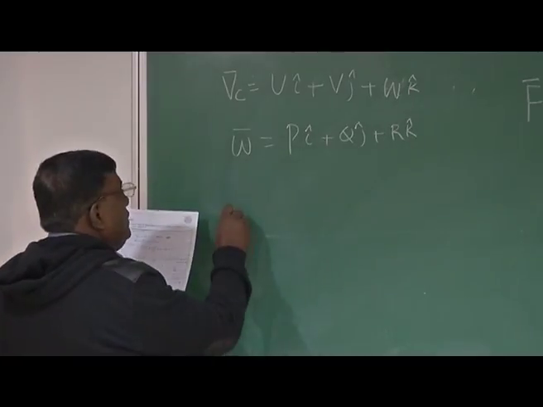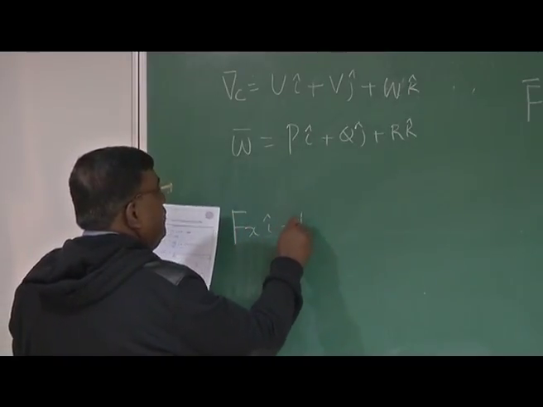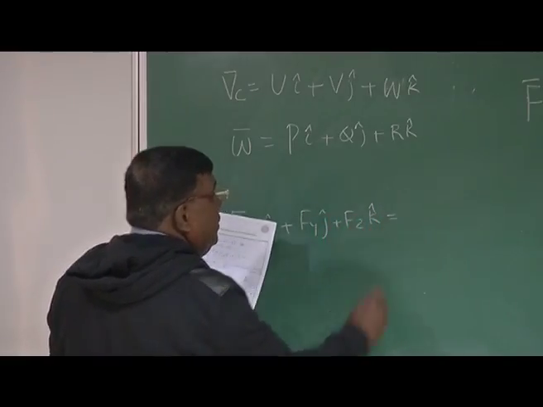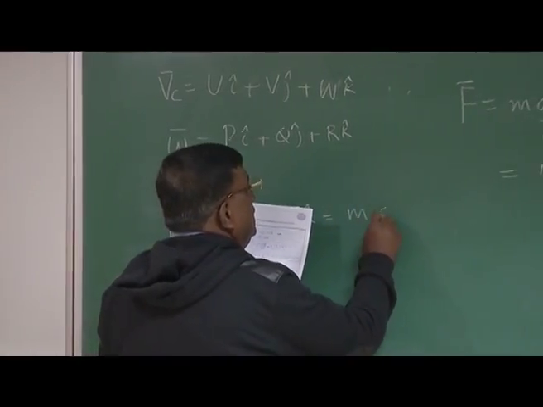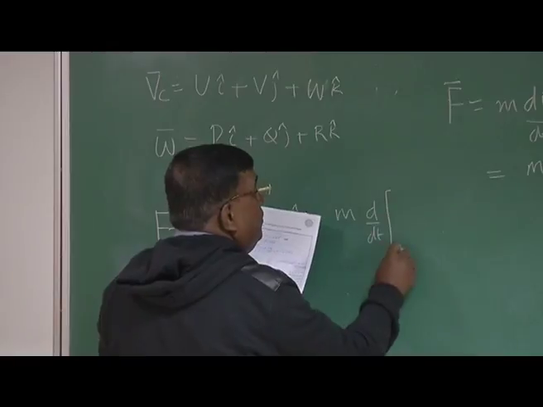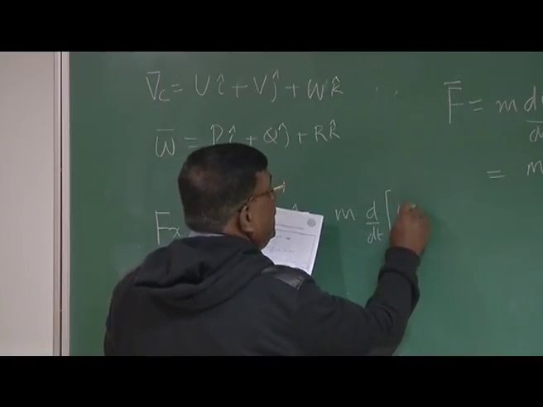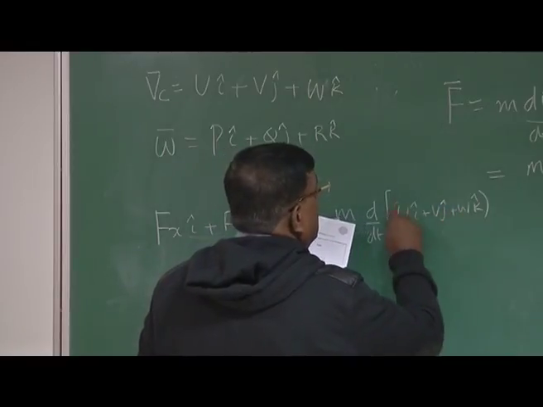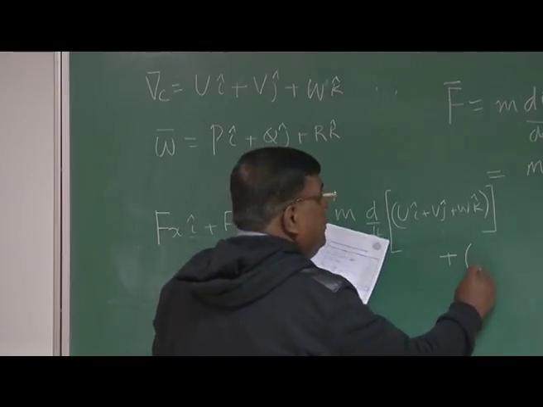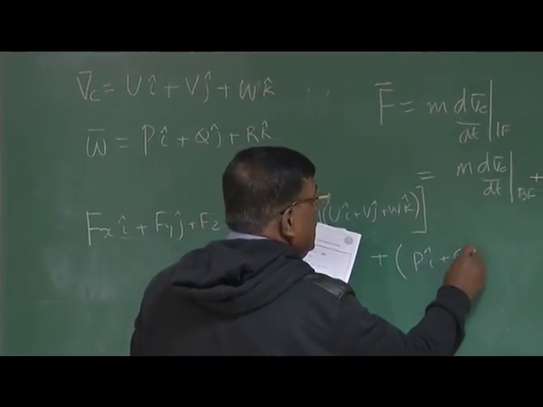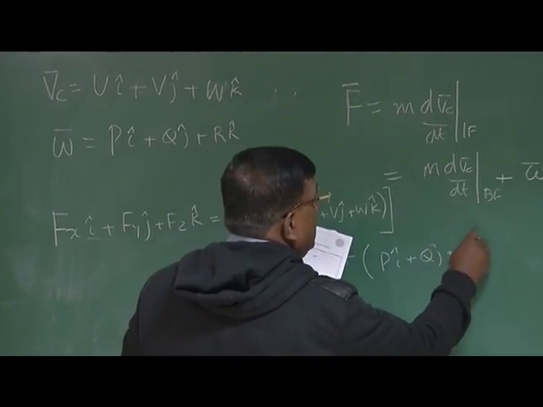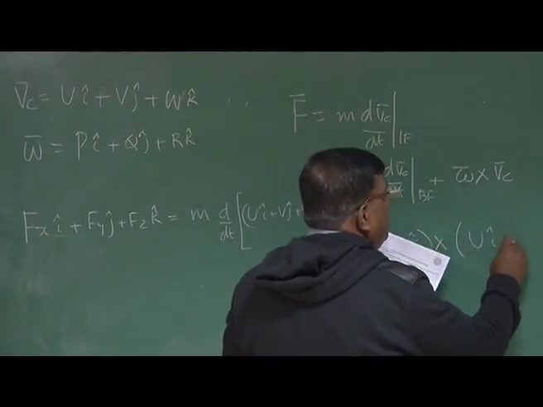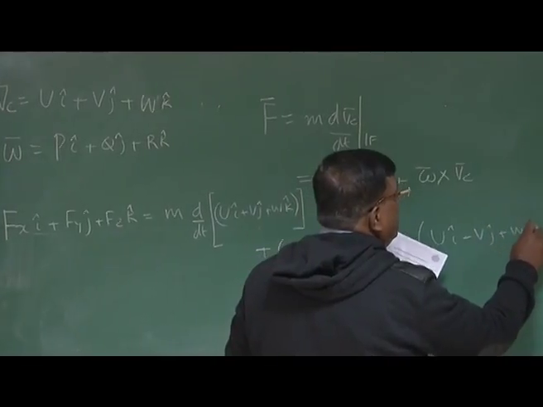I get Fx i plus Fy j plus Fz k equal to m d by dt of Vc, where Vc is u i plus v j plus w k, plus omega cross Vc, where omega is P i plus Q j plus R k, and Vc is again u i plus v j plus w k.